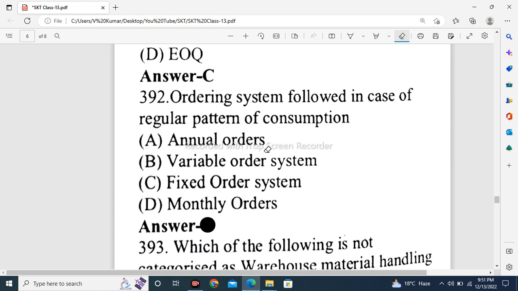A. annual orders, B. variable order system, C. fixed order system, D. monthly orders. सही आंसर है C फिक्स्ड ऑर्डर सिस्टम. Ordering system followed in case of regular pattern of consumption, fixed order system.